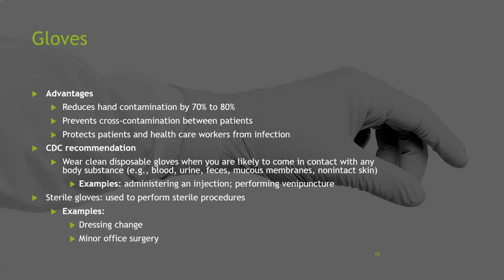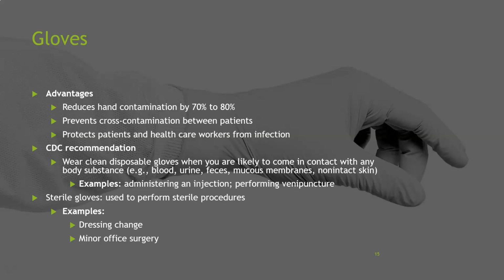One of the big components in the prevention of disease, specifically when coming in contact with any body substance, is the use of gloves. The biggest advantage of gloves is that they reduce hand contamination by 70 to 80%. Most importantly, when wearing disposable gloves that are removed in between patients, you decrease cross-contamination because you're wearing a new set of gloves each time.